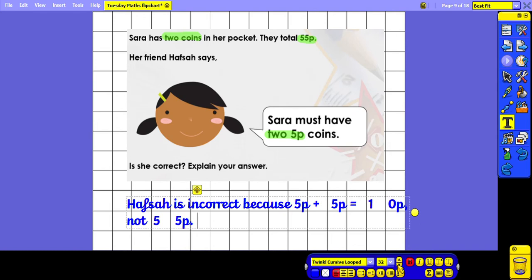So we know that the 2 coins that Sarah must have in her pocket are not 2 5-pence coins, but they must be a 50 pence and a 5 pence. So she must have a 50 pence and 5 pence.